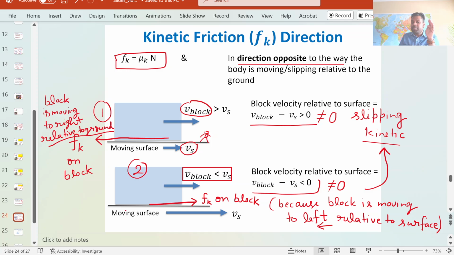But in the second example, if you are standing on the surface, you will see the block is actually going backward. Block is going to the left, because V block is less than Vs and the difference is negative. Negative means less than 0. That means the block relative speed is to the left. So the kinetic friction on the block will be to the right. So I hope you understand this difference.